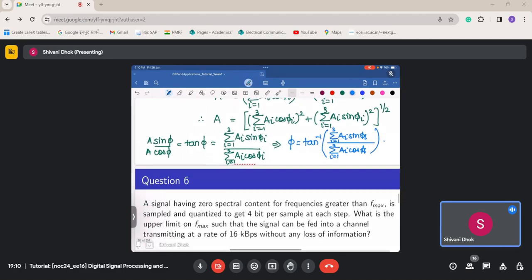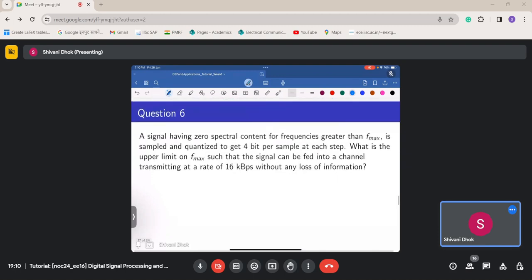Okay. If there are no questions, then let's move on to question number 6. This question says a signal having zero spectral content for frequencies greater than f max is sampled and quantized to get 4 bits per sample at each step.